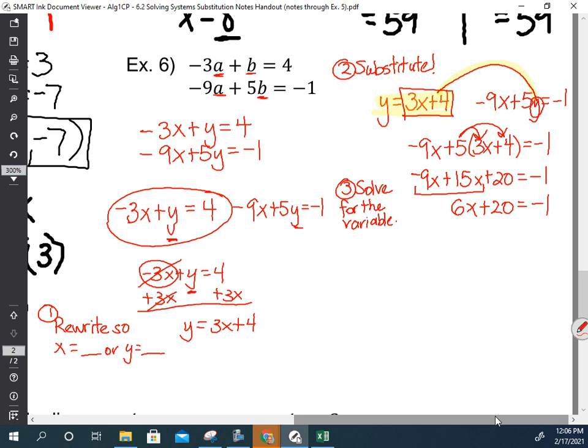Now what? Get rid of the 20. How are we going to get rid of 20? Subtract it.